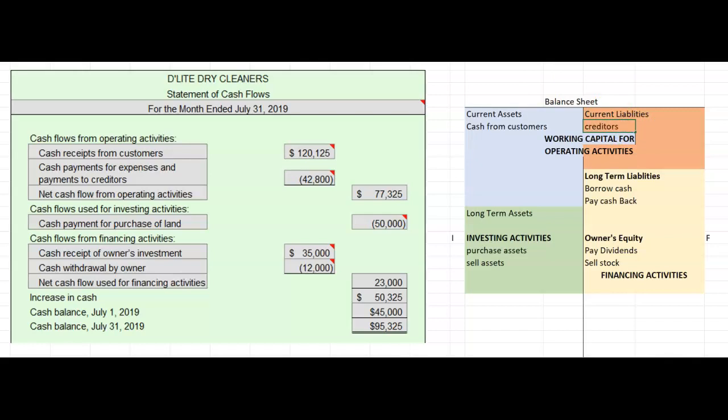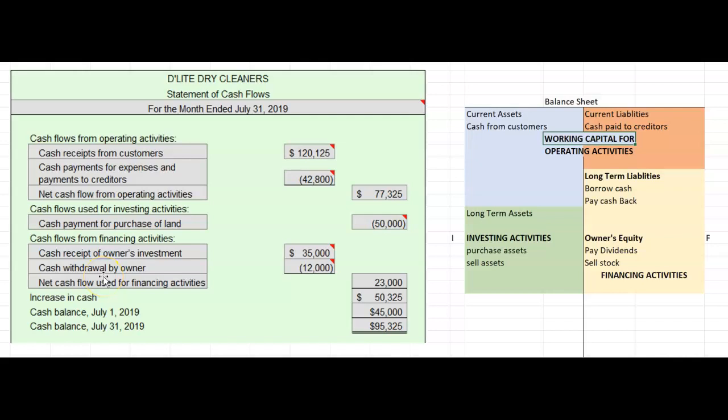Same thing. You owed money to both of them, you know. And then for investing activities, they paid cash to purchase land. All right, so that would be an increase in a long-term asset. And for financing activities, here we've got receipt of owner's investment. In other words, he sold stock. That's a cash inflow to an organization.